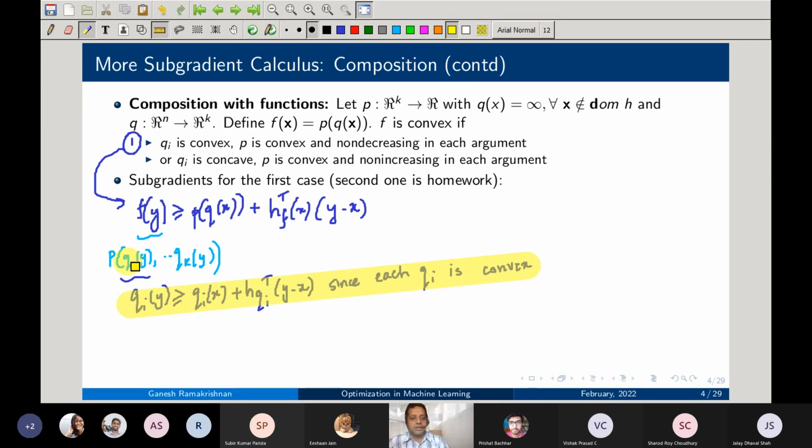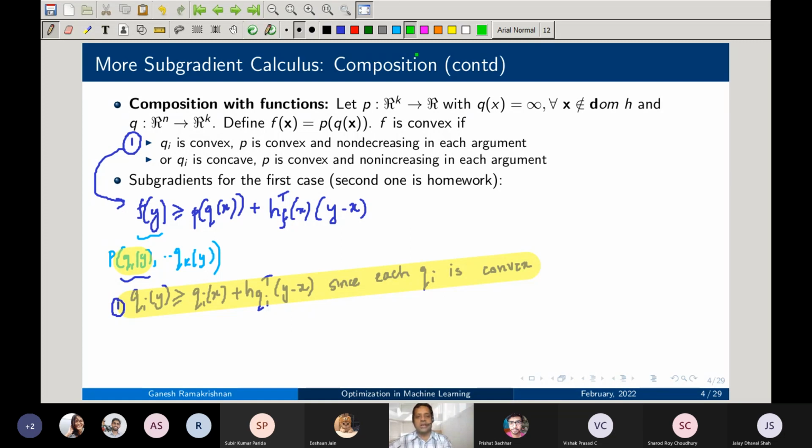We just expanded one of them arbitrarily. And then what we'll do is look at the fact that P is non-decreasing in each argument. So this is step number 1.